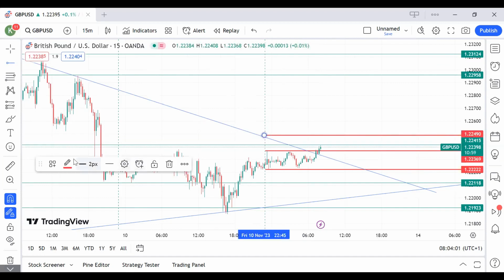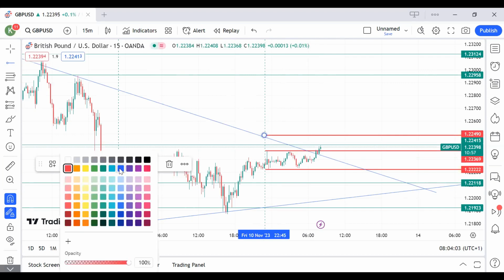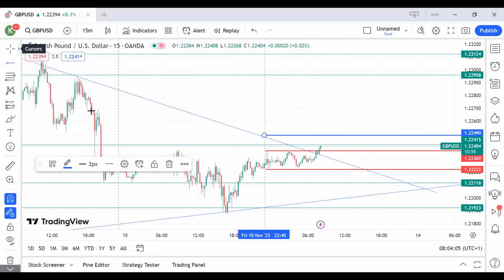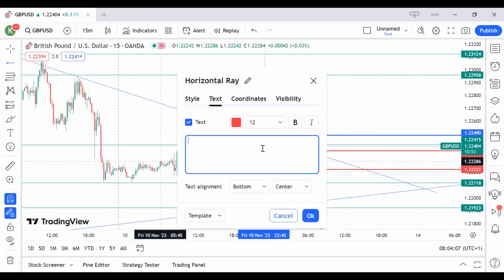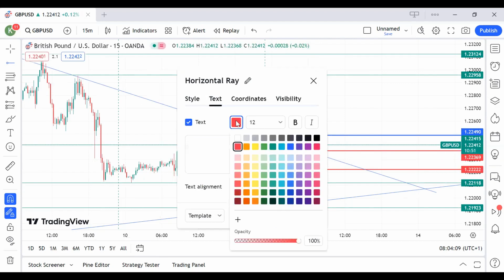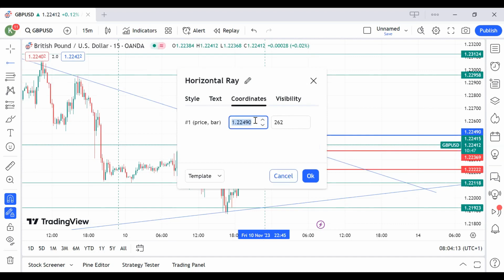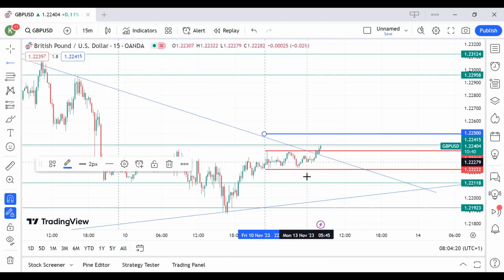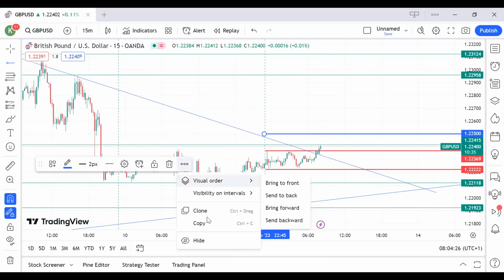Drop our horizontal red line, return it to the color for the psychological level, and then we edit the number to suit our psychological level. We go to coordinates. The closest to 2 to 4 is 2 to 5. Okay. And then we just duplicate it by cloning probably.